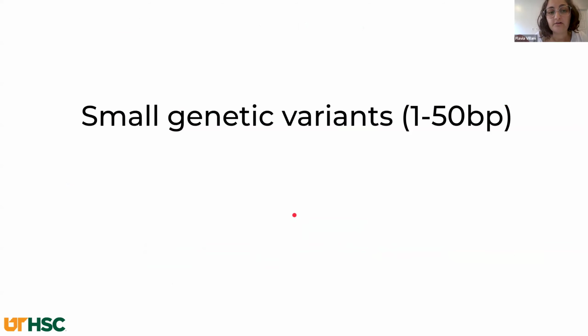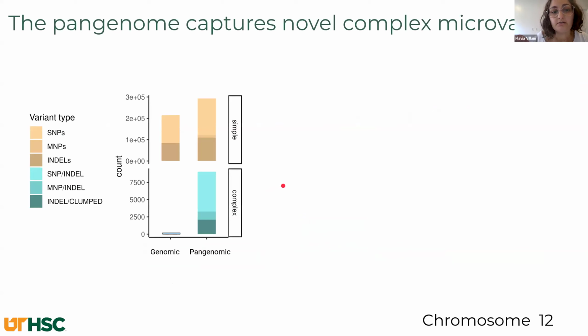What I have done is focus on the small genetic variants first and then on the structural variation. Here you can see what I saw. With the pangenomic and genomic approaches, I saw two different kinds of variation. With the pangenomic approach, I am able to capture also complex variation. By complex variation, I mean a combination of variations, for example SNPs, indels or MNPs, indels and so on.